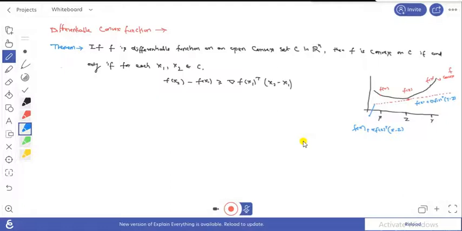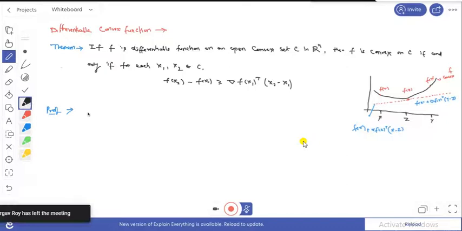Okay, so now let us start the proof. Here we suppose that your function is convex and your set is a convex set. Then we try to find the value of f(x2) minus f(x1).